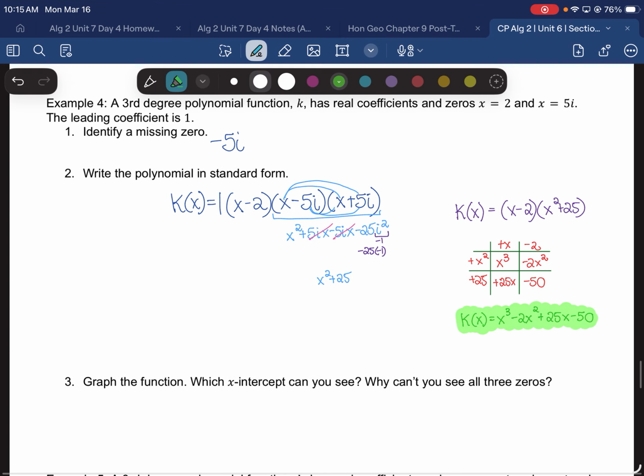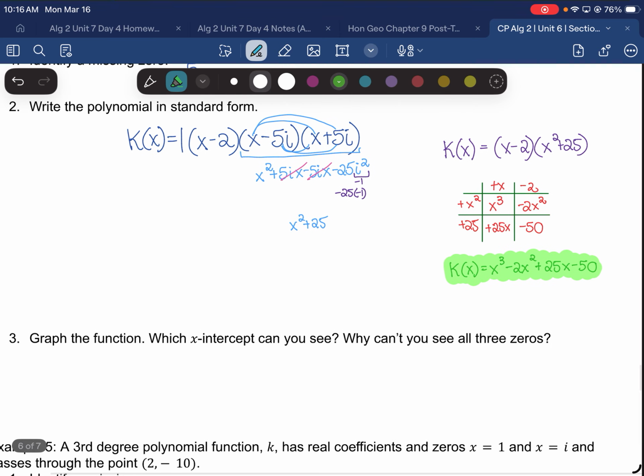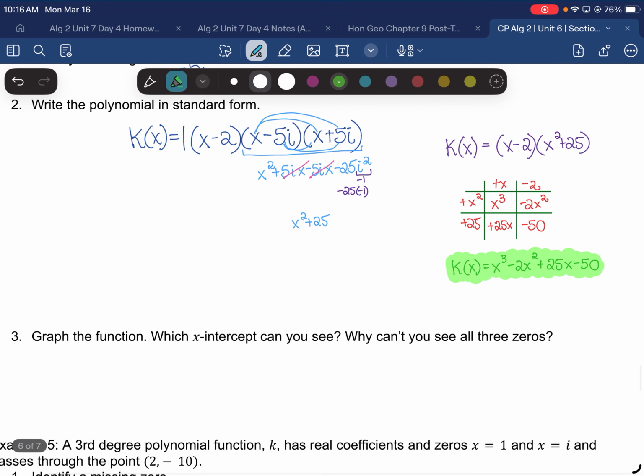Okay, so now I want you to graph. Can you put that in your calculator? The x to the third minus 2x squared plus 25x minus 50. Just put that in your calculator.